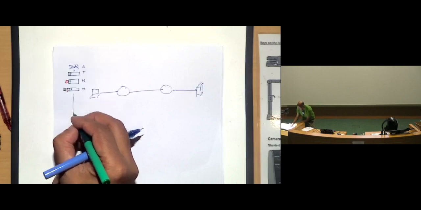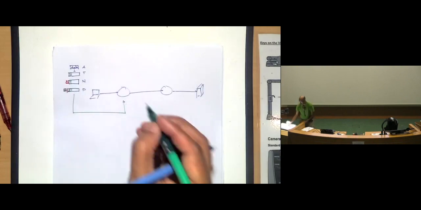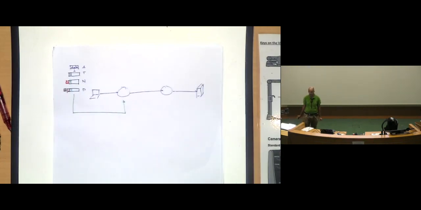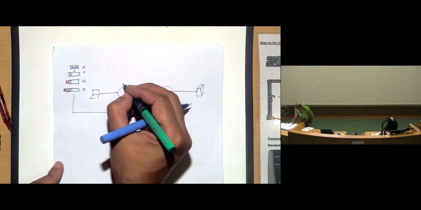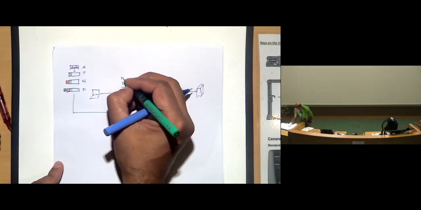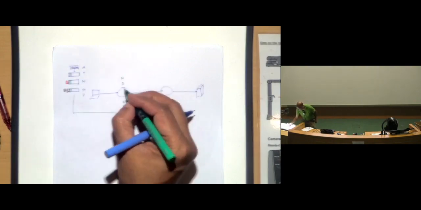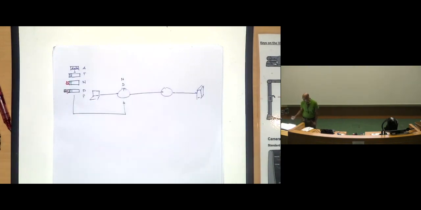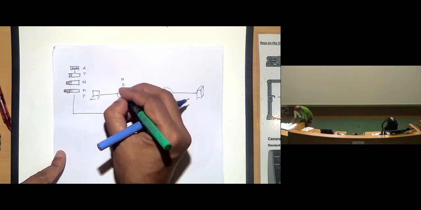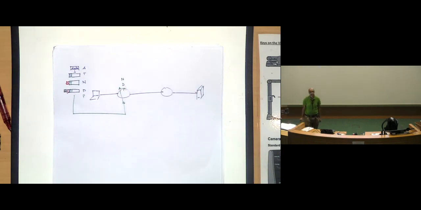And let's say this whole thing has now come up to this particular router. This router also implements the data link layer and the network layer. And of course, there's a physical layer below. The packet will first go up the protocol stack.